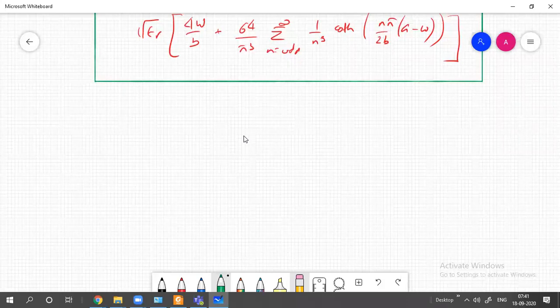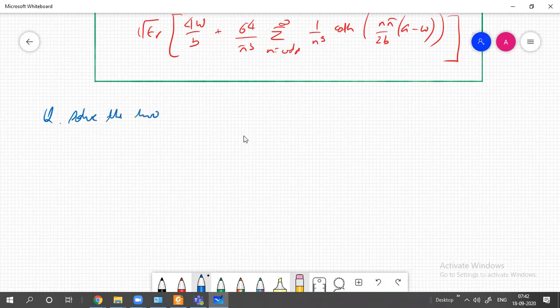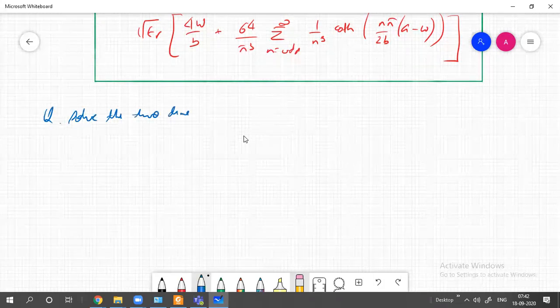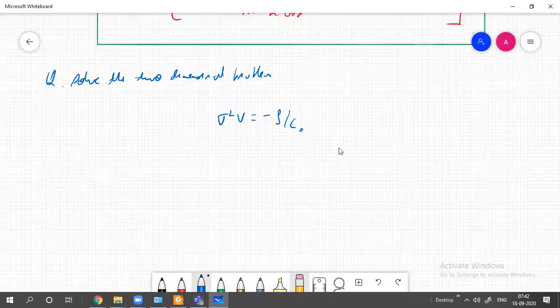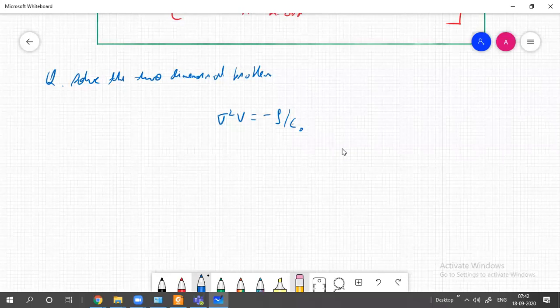The problem is to solve the two-dimensional problem, that is, Poisson's equation is given: del square V equals minus rho s by epsilon.